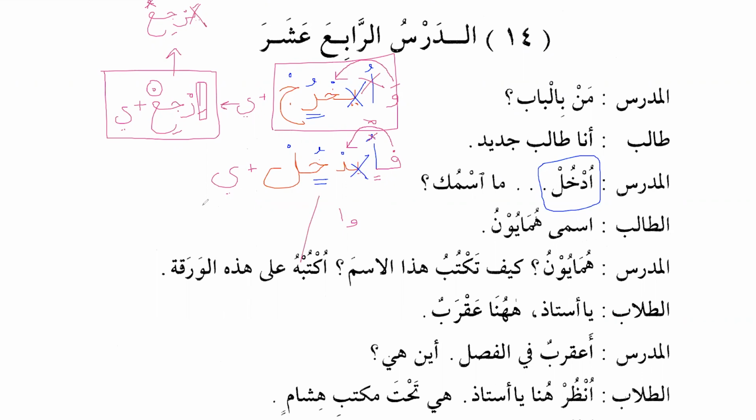Or, for example, if you want to tell a group of females to enter, you're simply going to say udkhulna, with the noon of niswa at the end. Udkhulna, irji'na, ukhrujna, and so on.